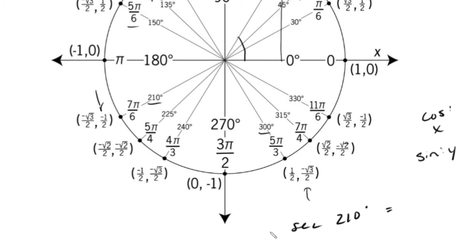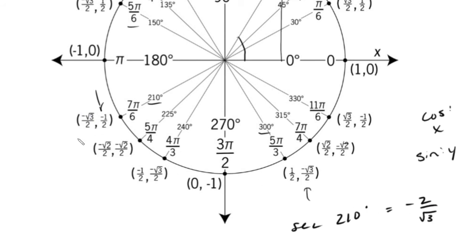So if it's the reciprocal of cosine, that's going to be 1 over cosine. And cosine's like x. So 1 over x. You just think the reciprocal of the cosine, or the reciprocal of the x. So you're looking for 210. Here's 210. Then you're going to look at x, because that's like the cosine, and you're going to flip it. So instead of negative square root of 3 over 2, it's negative 2 over square root of 3.